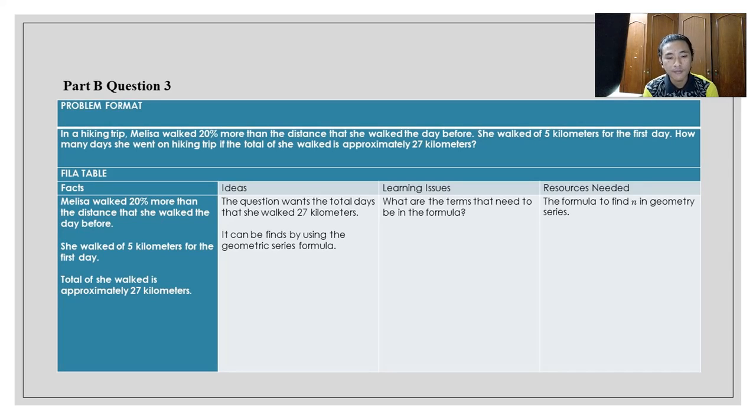For the ideas, the question was the total days that she can walk 27 kilometers, and we see that we can find the answer by using the geometric series formula. What is the linear issue that we found? Which is, what are the terms that we need in order to complete the formula to find the answer. So the resource we need is the formula to find the n in geometric series.